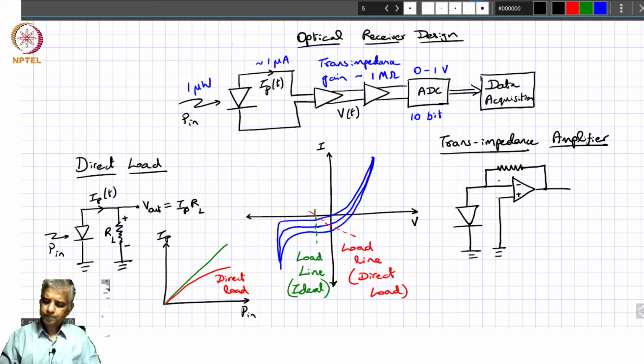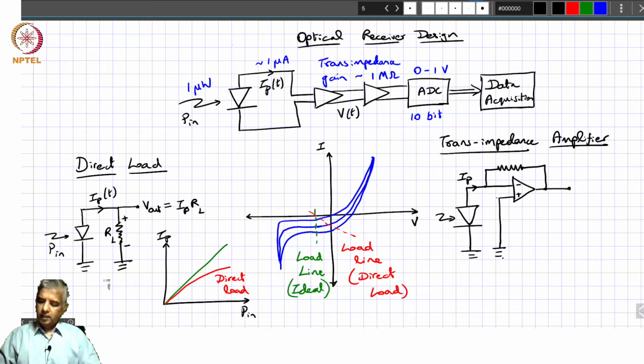And if you have in this case IP that's generated because of light that's incident on this photodiode, the properties of the op amp actually come into the picture. So, what are the properties of the op amp?